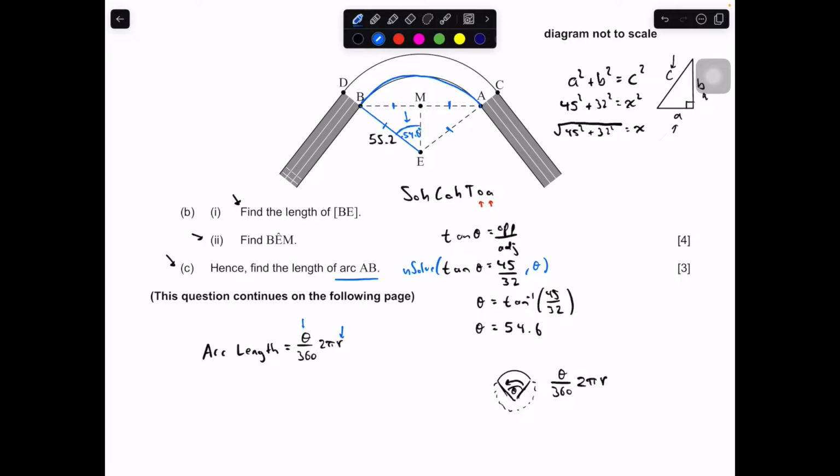And since they share this side, we actually have two equivalent triangles. So if this angle is 54.6, we know that this one as well will be equal to 54.6 degrees.